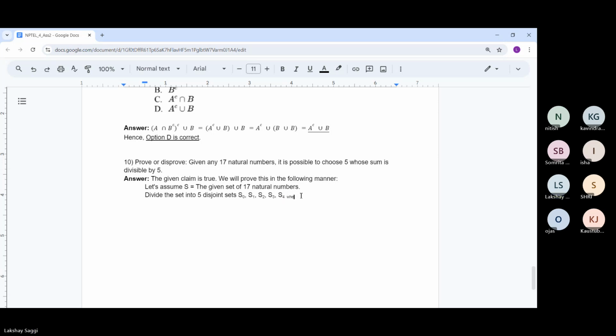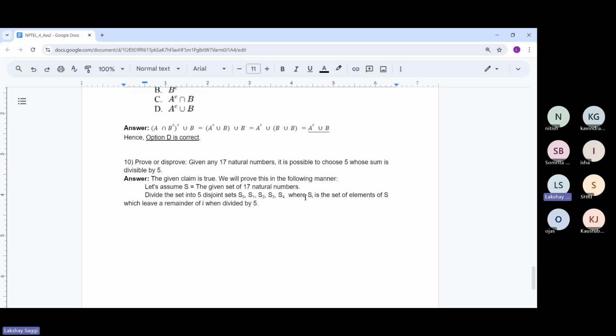Where Si is the set of elements of S which leave a remainder of i when divided by 5.